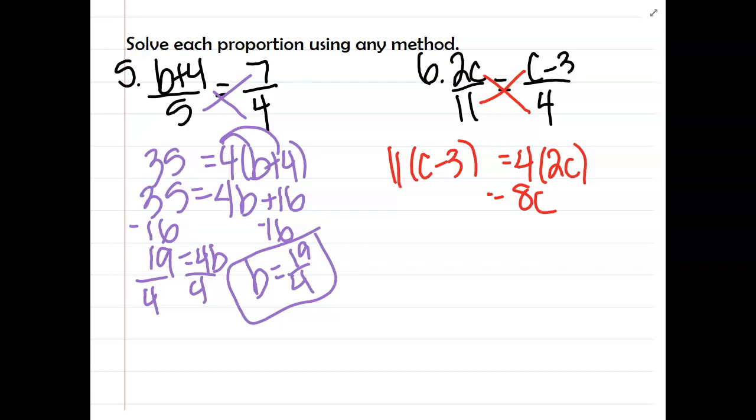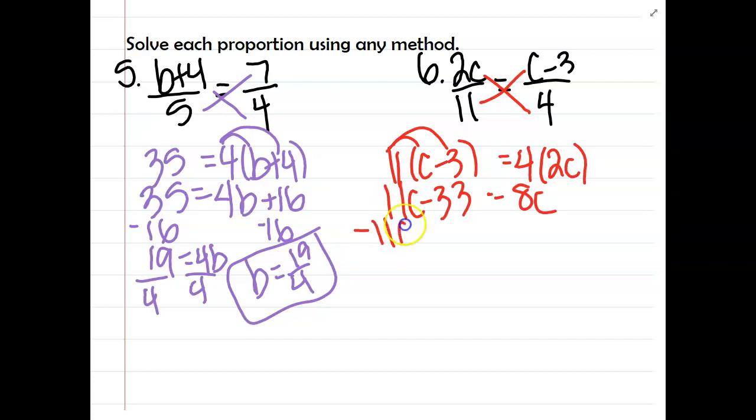This is 11 times the quantity c minus 3. That minus sign right there is what tells you I need to distribute. So 11 times c is 11c. 11 times minus 3 is a minus 33. After you distribute, we always want to see if we can combine like terms. There are no terms to combine. Next, I have c's on both sides of the equation.